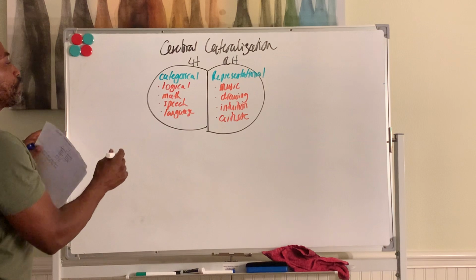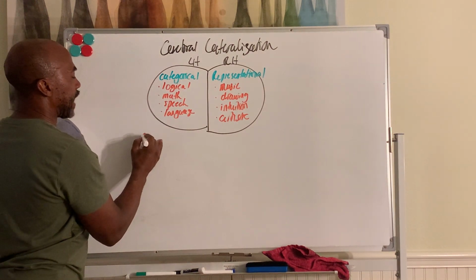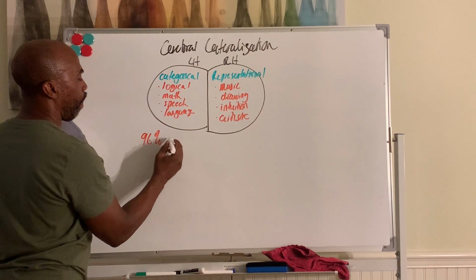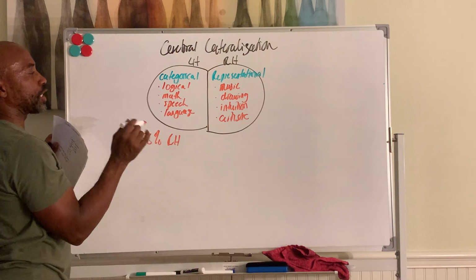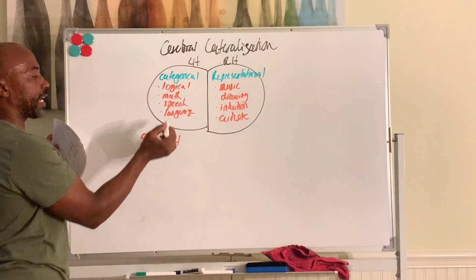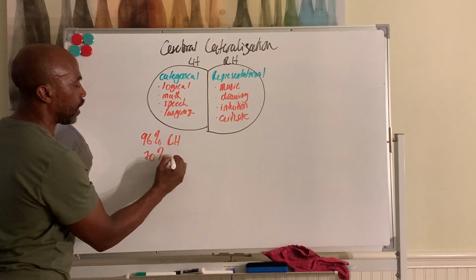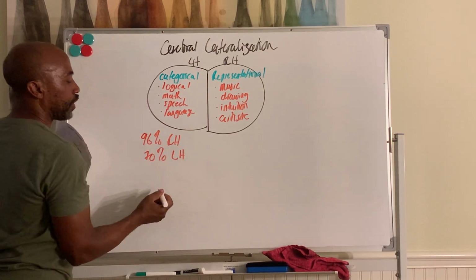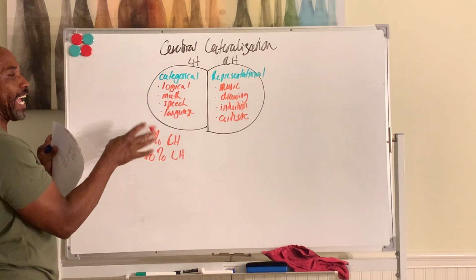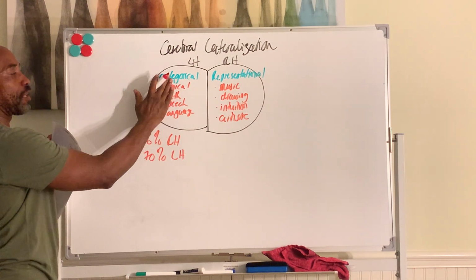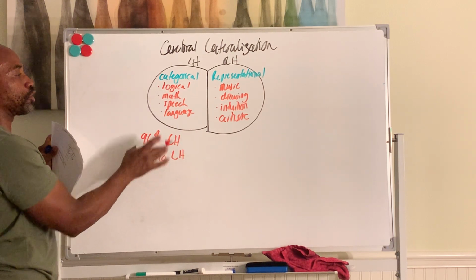Okay. Now, this is true in I think 96% of right-handers will have the categorical hemisphere on the left side. This is only true for around 70% of left-handers. All right, so there is some handedness to it where most right-handers speak from the left side of the brain, while only 70% of left-handers do that.